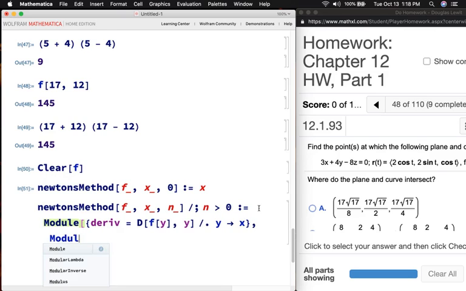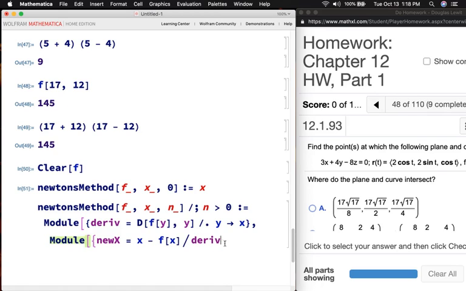And then y, we substitute x for y. And then I have another module. My new x is equal to my old x minus f of x, divided by deriv. This is deriv right over here. It's the derivative of f of y with respect to y, but then y is replaced with the actual number x.